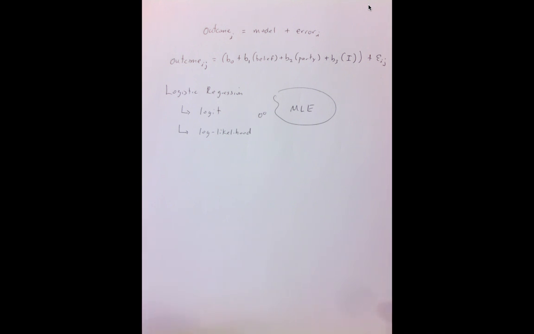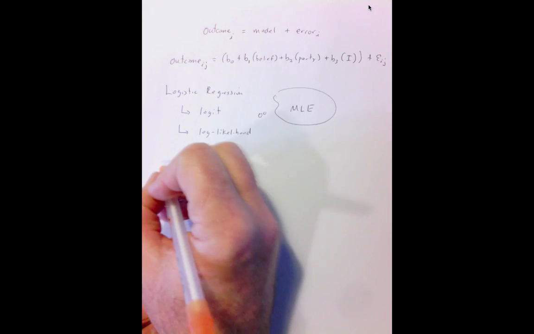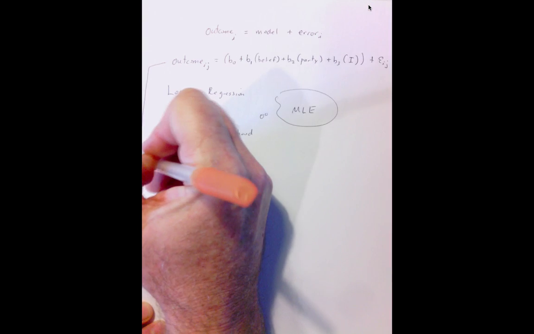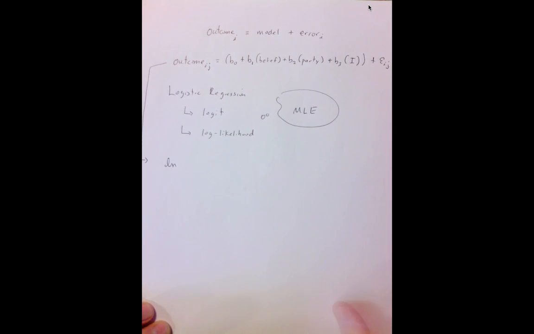So our model for abortion and political party will end up being the natural log. We're going to take the natural log to turn the nonlinear relationship into a linear relationship.